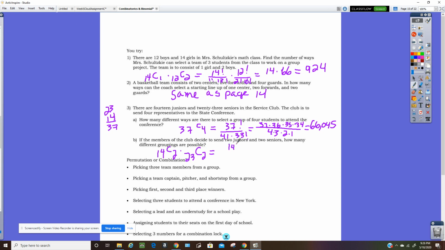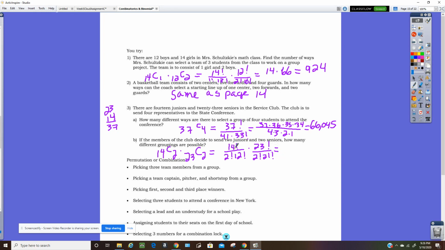So 14 factorial over 2 factorial times 12 factorial, and multiplying that times 23 factorial over 2 factorial times 21 factorial.